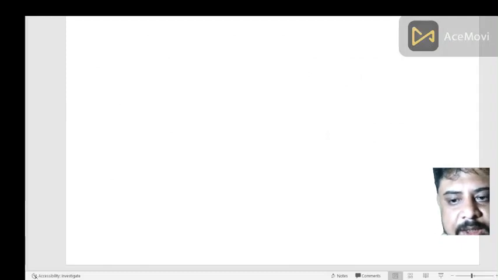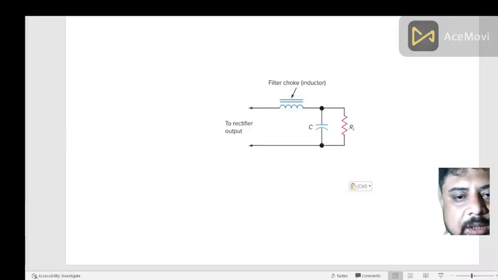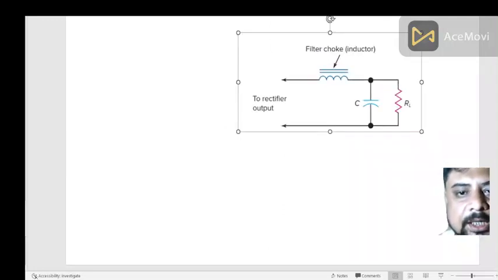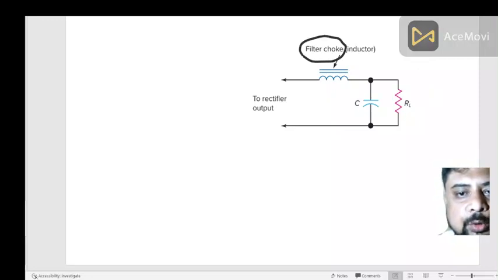Now, as I told you in the previous lectures, filter circuits are used for removing the AC components, the changing part that affects the ripple factor. So basically the inductor filter is this type of circuit where you have an inductor.